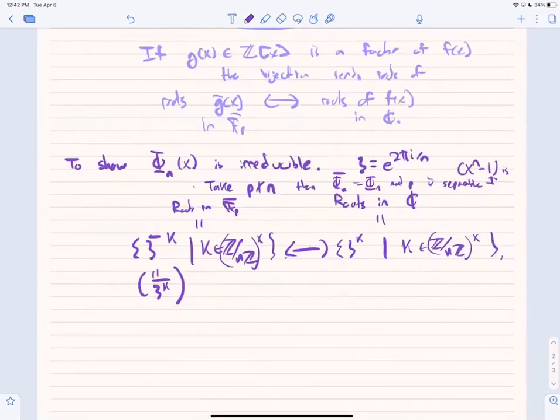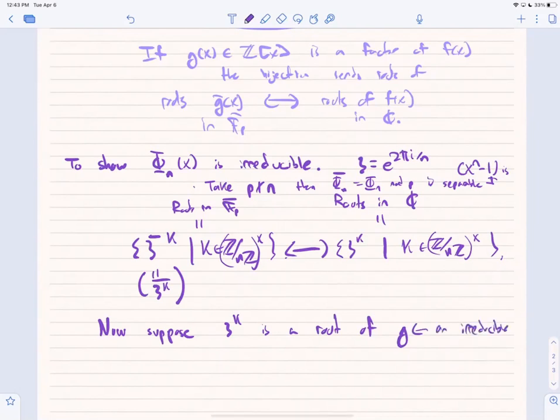Now I have G. Suppose zeta to the k is a root of G, where G is an irreducible factor of phi_n of x.